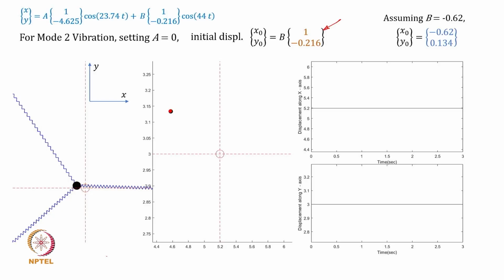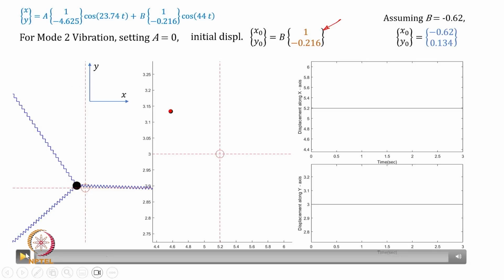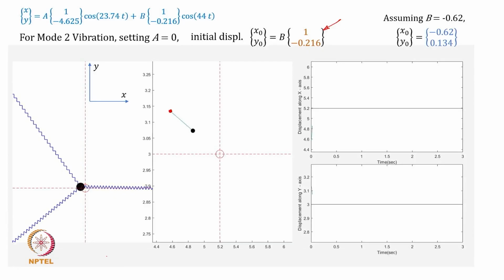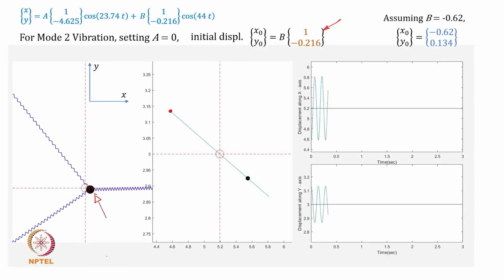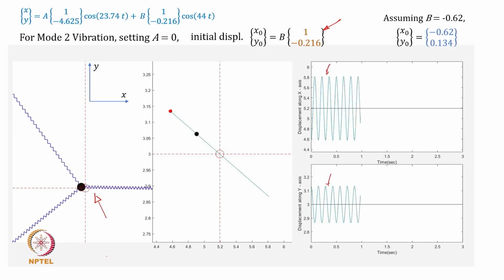So this is how we do it. You can start this animation and you can see that this mass is now executing a harmonic motion. You can see a pure sinusoidal waveform is being traced out in both x and y direction. This is how the motion is taking place.